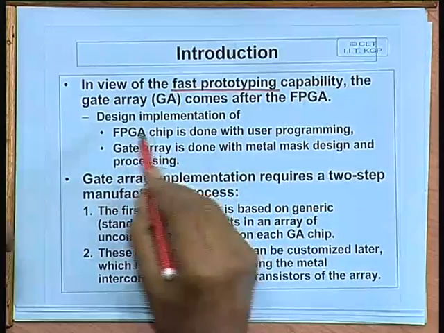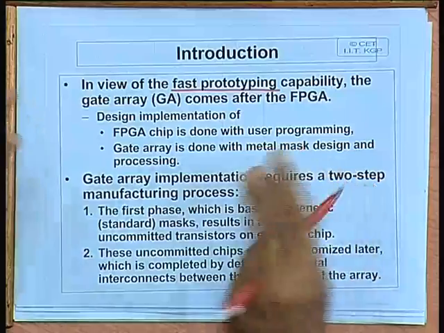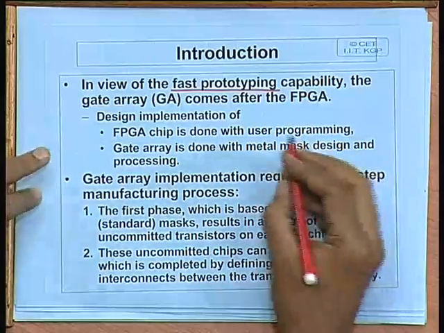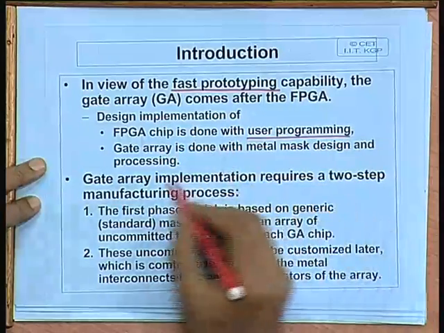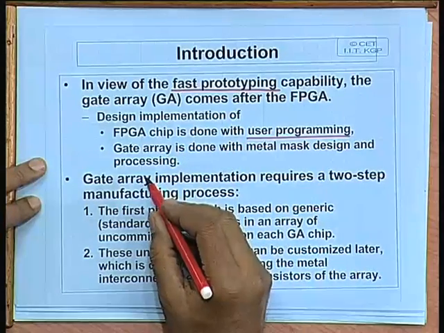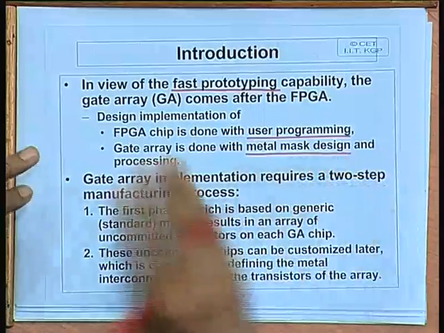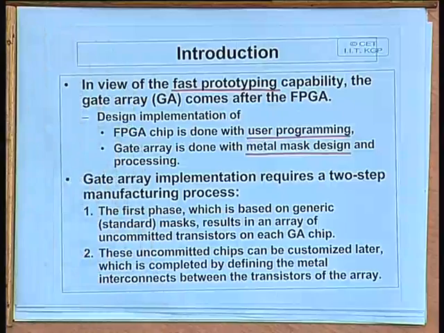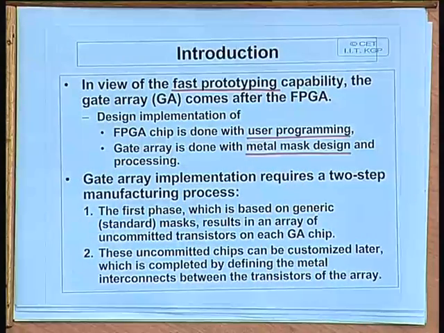The difference is that design implementation of an FPGA is done using user programming through some proper CAD tool and development system, but in a gate array you have to go back to the manufacturer. There is some kind of mask design and fabrication step that needs to be done depending upon the user request.